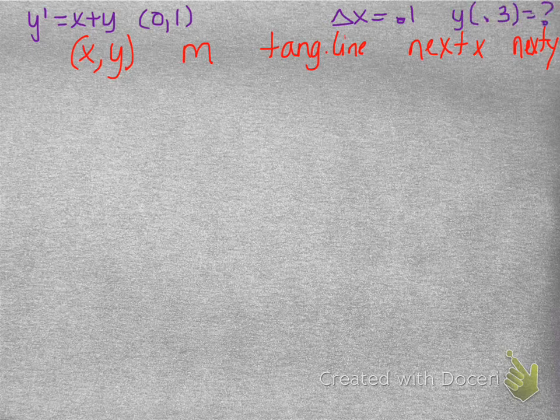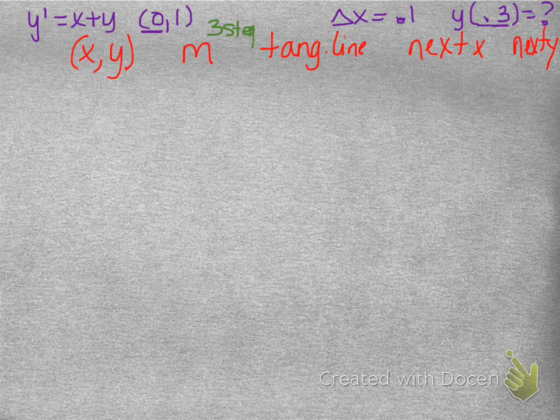They want you to approximate y of 0.3. The change in x is 0.1. That tells you how much to go up every time. So if I'm starting at 0 and trying to get to 0.3, I'm going to go to 0.1, then 0.2, and then 0.3. That is called 3 steps.